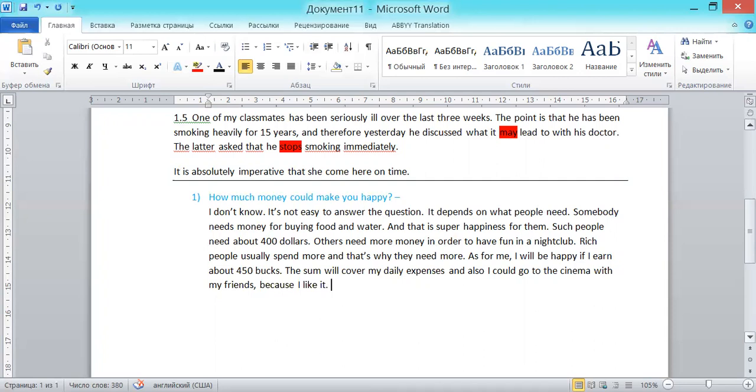It contains some specific information answering the main question, because the speaker replies saying the sum of the money he needs in order to be happy. He goes into detail, telling us what exactly he would pay for.